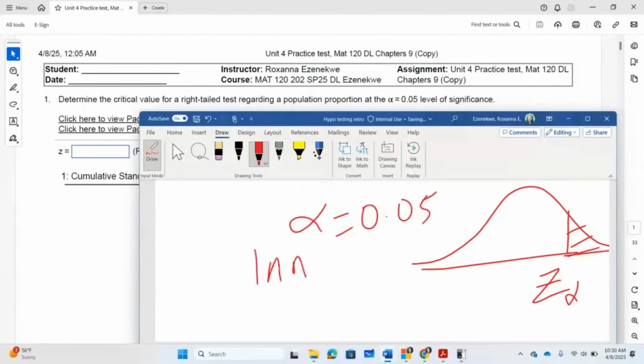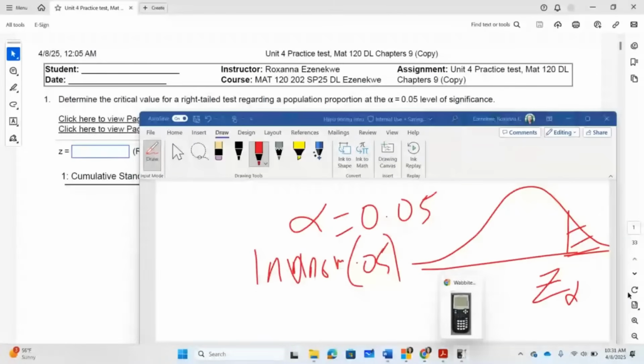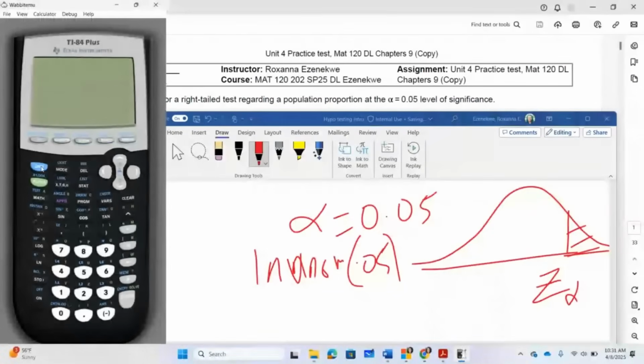Point zero, but just for review's sake, I want to make sure you remember that. So inverse norm 0.05 is the area. I am looking for this area, 0.05.